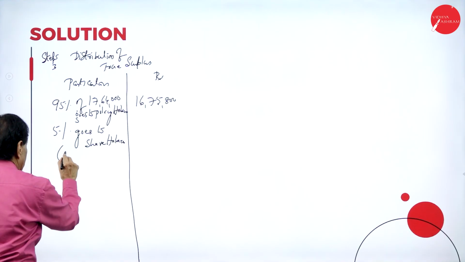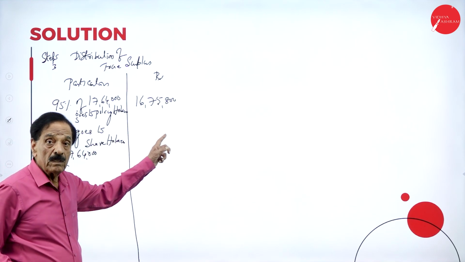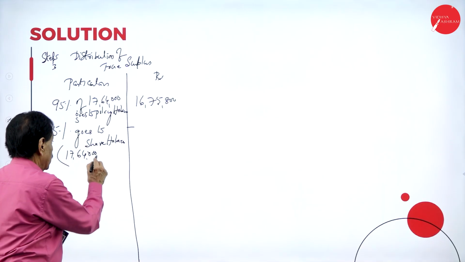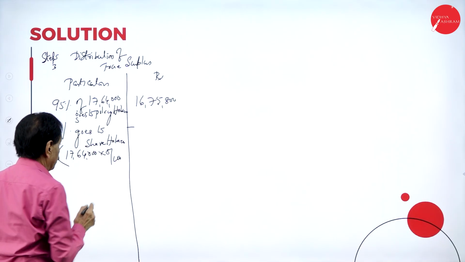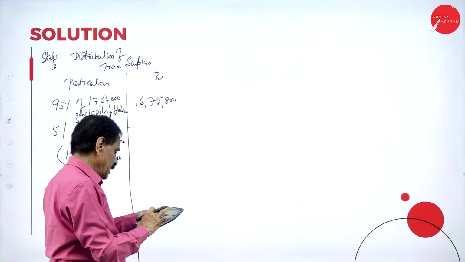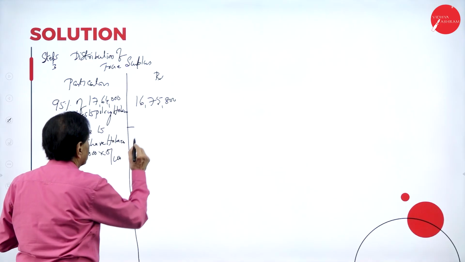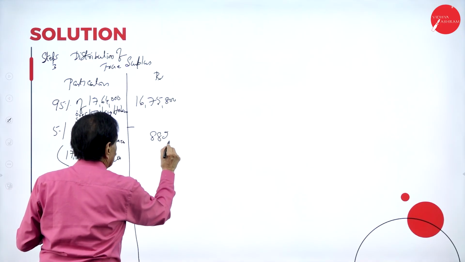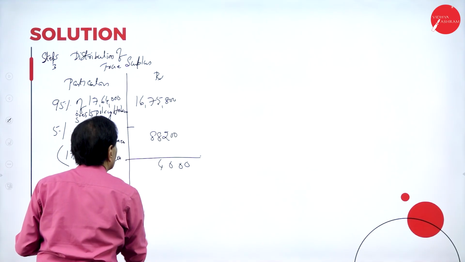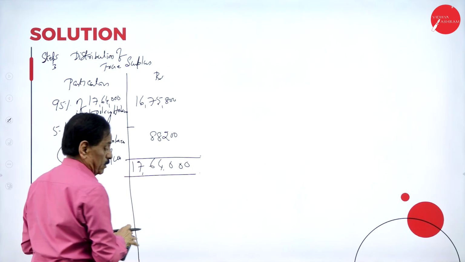This is 17 lakh 64,000. 95% goes to policy holder, 5% goes to shareholder. 17 lakh 64,000 into 5 divided by 100, 88,200. Add, this is 17 lakh 64,000.